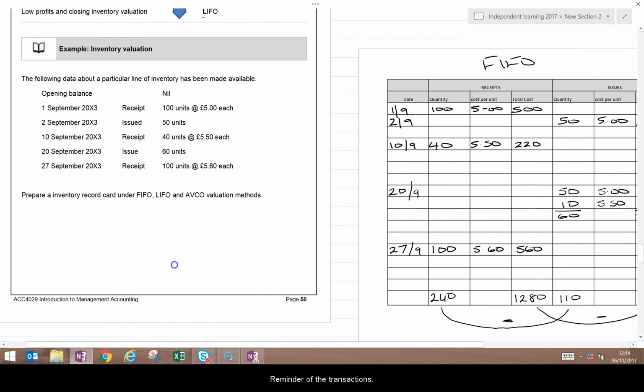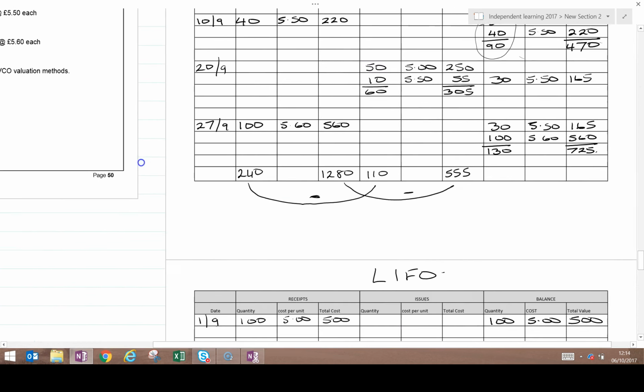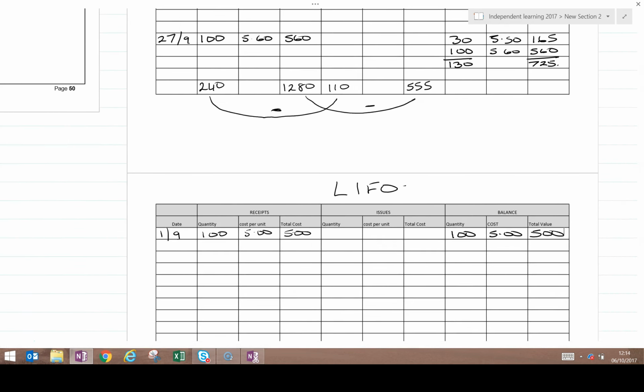Just a reminder of the transactions. 2nd of September we issued 50. Last in, first out. So we issue those at the last or most recent price we paid. Well, we've only got one price, £5.